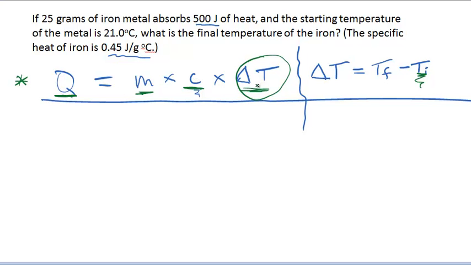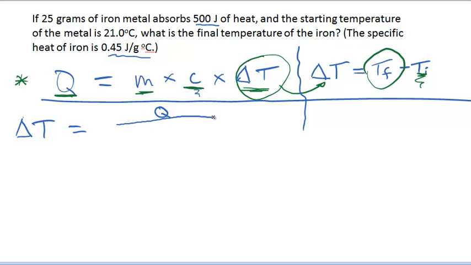Let's solve for delta t, and then when we get that, we can stick that value into this expression, and then we can easily solve for t final, right? Okay, so if you do the algebra, and I know you guys sometimes get freaked out at how I do algebra, but you've got to trust me. When you solve for delta t, you're going to get q over m times c.